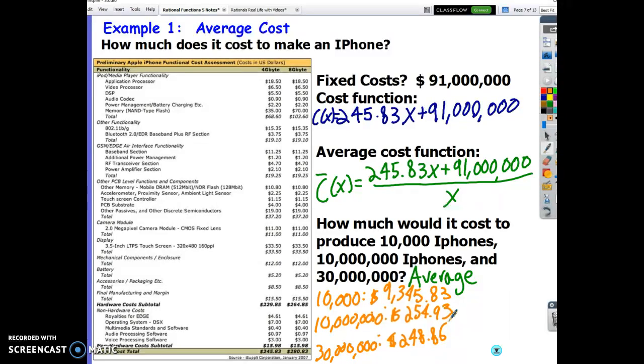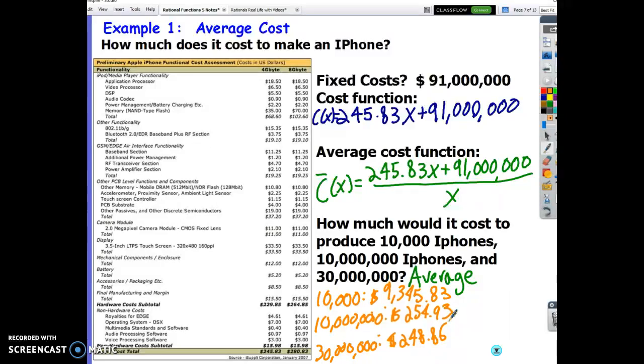If they think they're only going to sell around 5 million or 4 million, that may make it so each iPhone costs them $500 to make. But in this instance, they probably guessed they'd sell somewhere around that 10 million mark, and that way they can make a couple hundred dollars per iPhone and make a profit. But they have to guess. That's the big idea there.